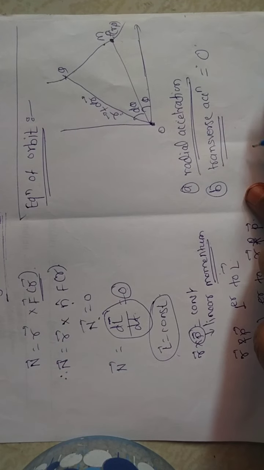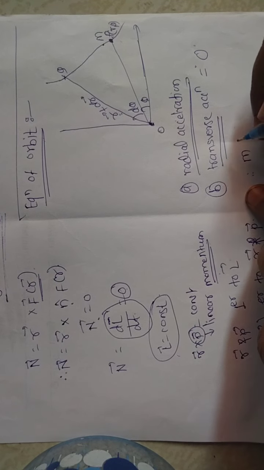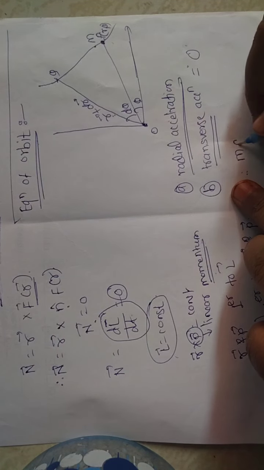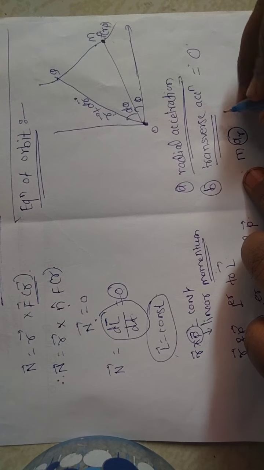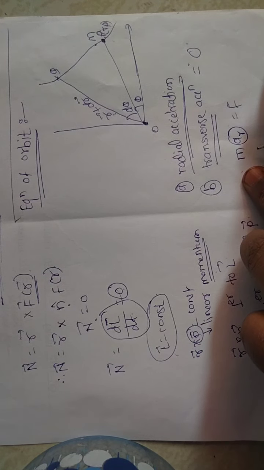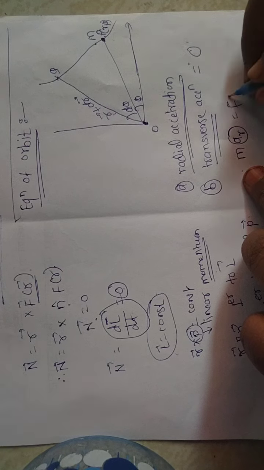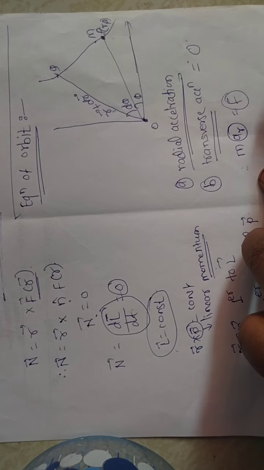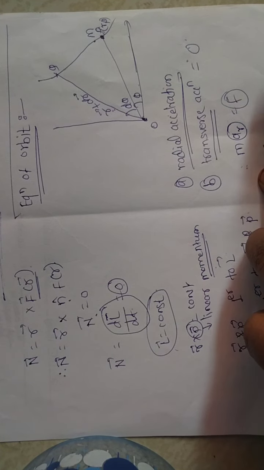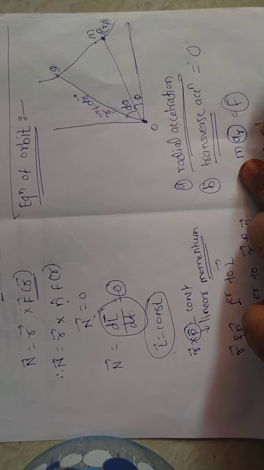According to Newton's second law of motion, for the radial direction, force is equal to ma.